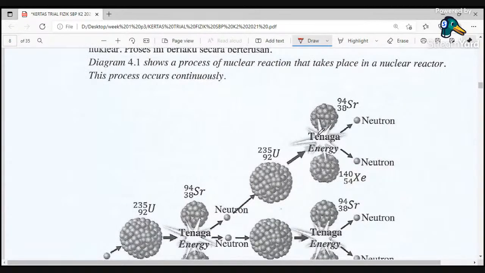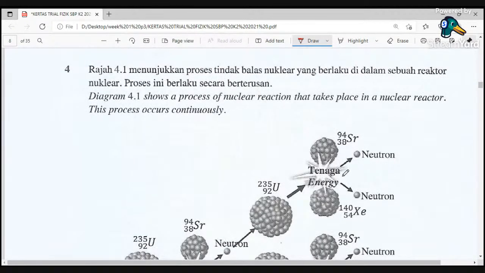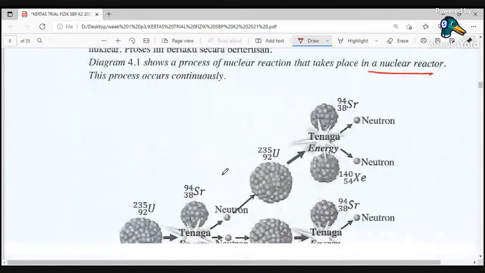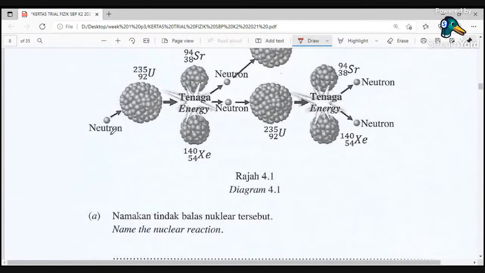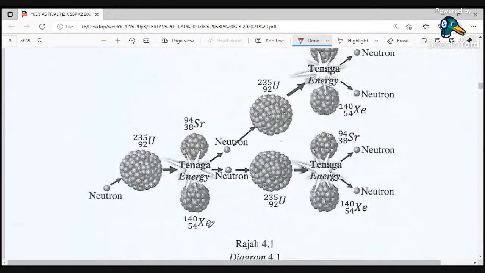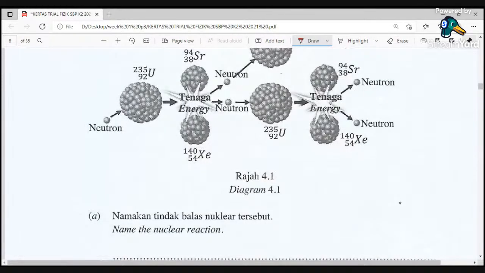Number 4. Diagram 4.1 shows a process of nuclear reaction that takes place in a nuclear reactor. This process occurs continuously. You can see uranium bombarded by neutrons splits into two lighter nuclei, strontium and xenon. This we call fission.